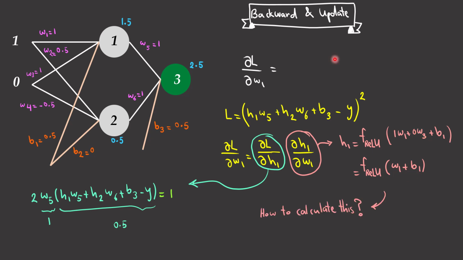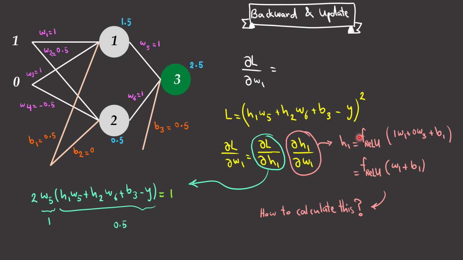And again, here's the question: how to calculate this? Because as you can see, H1 is equal to the ReLU activation function of something. And W1 is not directly inside this expression. It is inside a function.